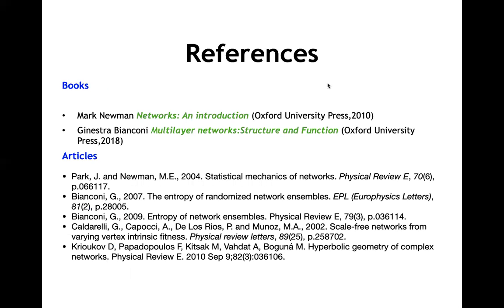The references are the book of Mark Newman, always. Newman has been working a lot also on this two-star model, which is also featured in his paper with Park in 2004.